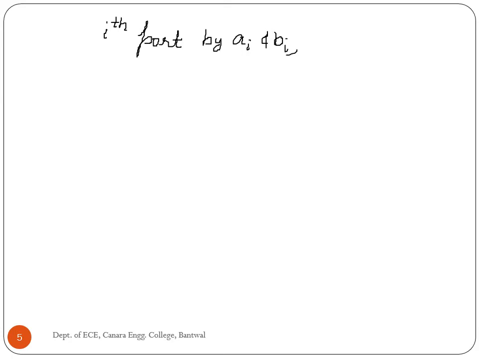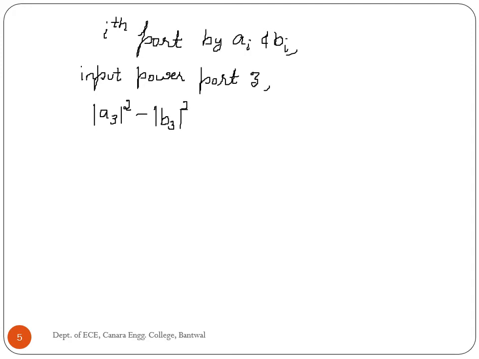The net input power to port 3 is given by square of A3 minus square of B3, which is equal to square of A3 multiplied by 1 minus square of S33.